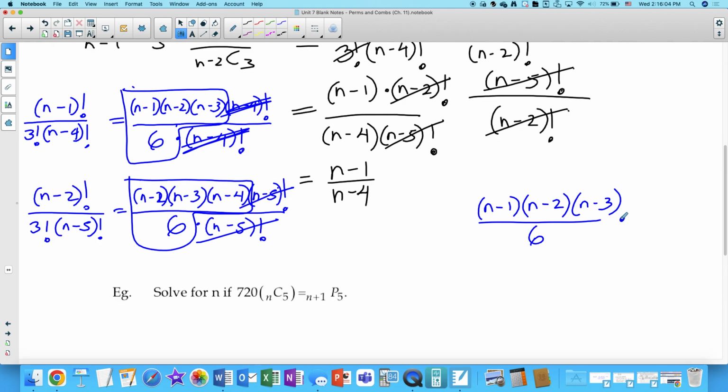So that will be 6 over n minus 2 times n minus 3 times n minus 4. Okay? And now from this point, you can see from the individual factors, okay, well, the 6's cancel. There's a factor of n minus 2 that cancels and a factor of n minus 3 that cancels. And again, what we end up with is n minus 1 over n minus 4.